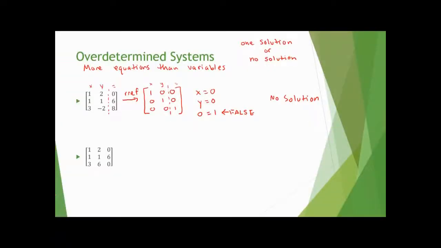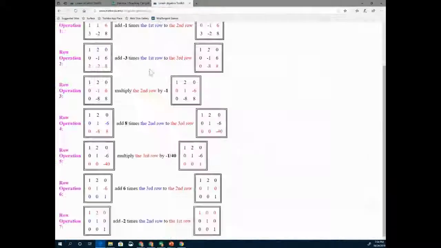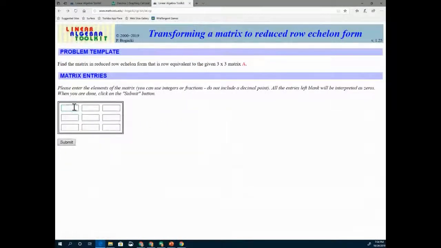Now I have a second one here. We have 1, 2, 0, 1, 1, 6, and 3, 6, 0. So I'm going to put that one in and do the reduced row echelon form. I'm going to go put that in our little solver here. So I'll hit back. 1, 2, 0, 1, 1, 6, 3, 6, 0.